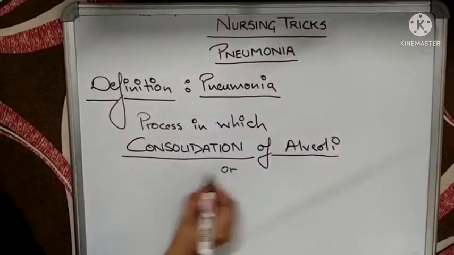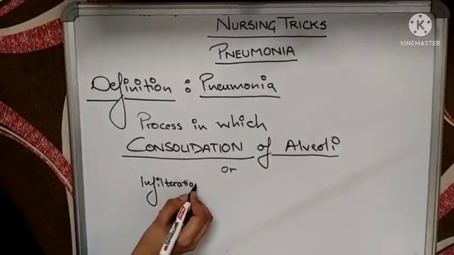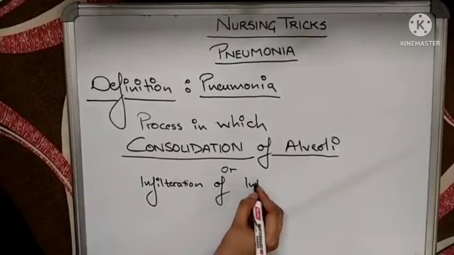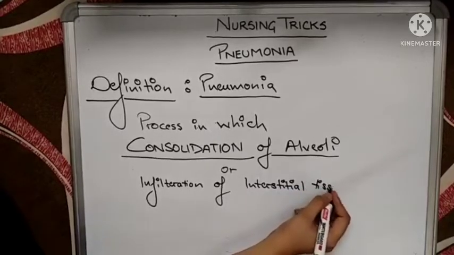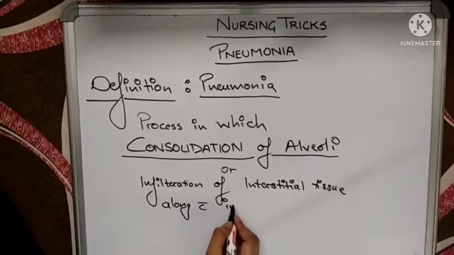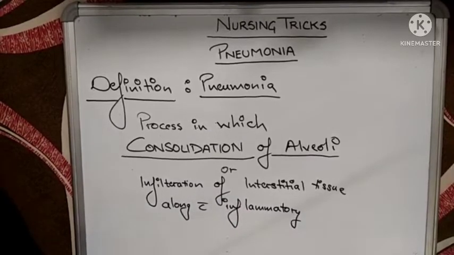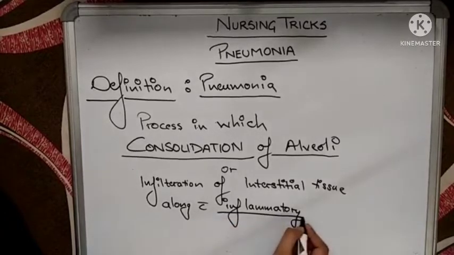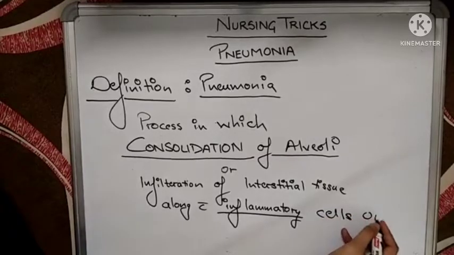Or you can say there is an infiltration of interstitial tissue along with the inflammatory process. Now why is this inflammation taking place in the lungs? This we will see in the etiology, what is happening inside the lung which is leading to this particular process, which is known as the inflammation, inflammatory cells, or both.